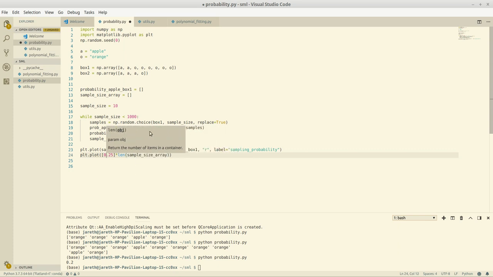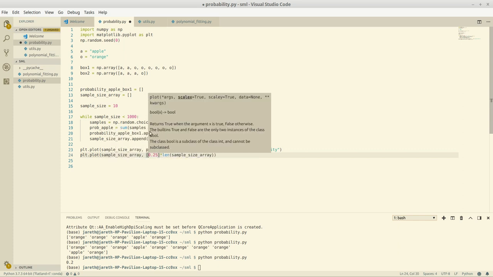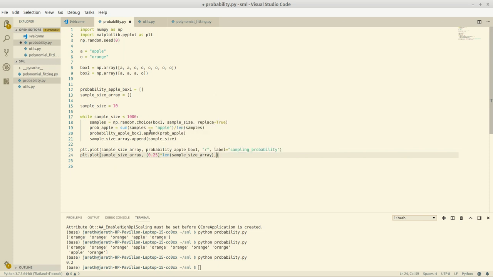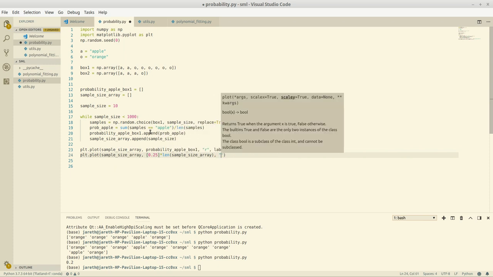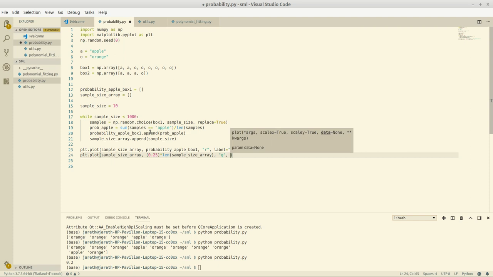We're going to plot this against the sample size array, and let's make this plot green, and let's make the label our true probability, right?